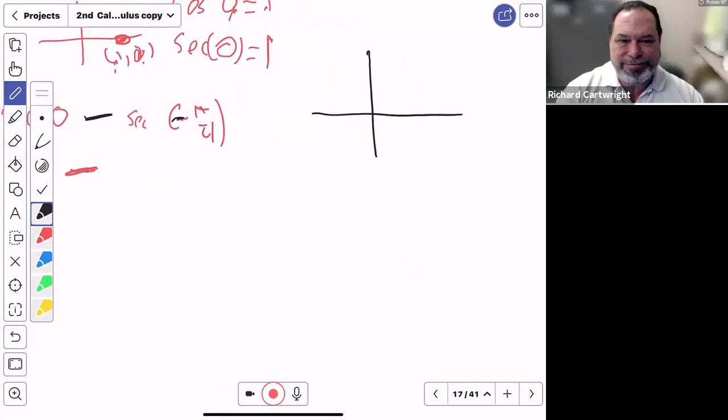I do it this way. If I do a positive angle, cosine is x over r. X is positive, r is always positive. If I take that same angle and go that way, negative angle, it uses the same x and the same r. We don't care about the negative y.